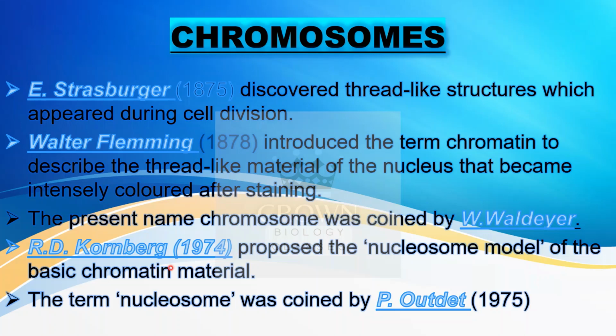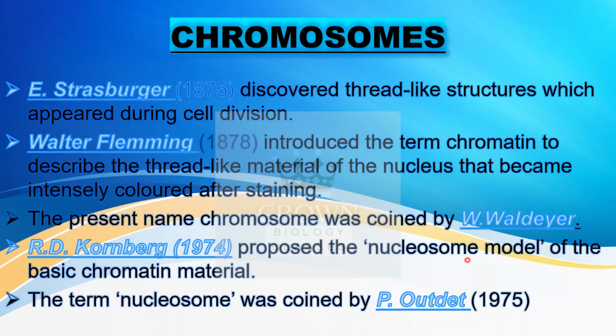R.D. Kornberg in 1974 proposed the nucleosome model of the basic chromatin material. Nucleosome model explains the organization of DNA and the associated proteins, and those associated proteins were histones in the chromosome.